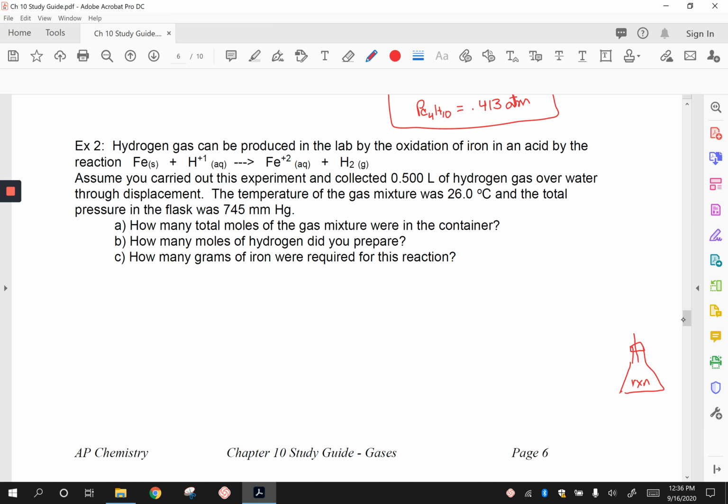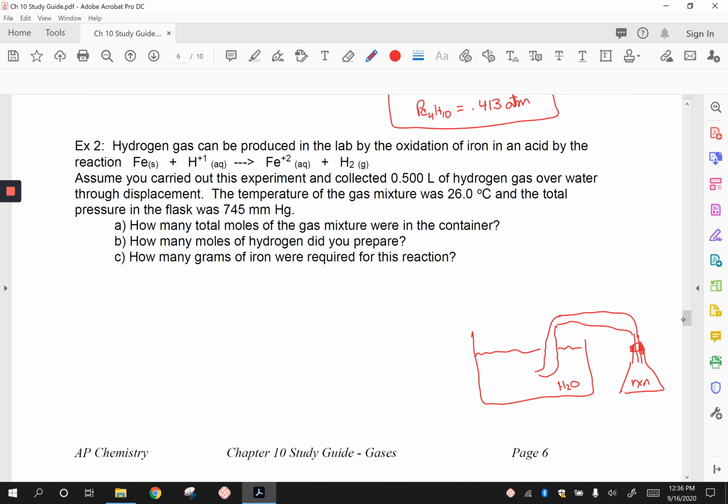You use a stopper that has a hole in it. And then you take that tube and connect it to some other vessel, usually a eudiometer or something like that in water. So this is water. Sorry, my drawing is not that great.